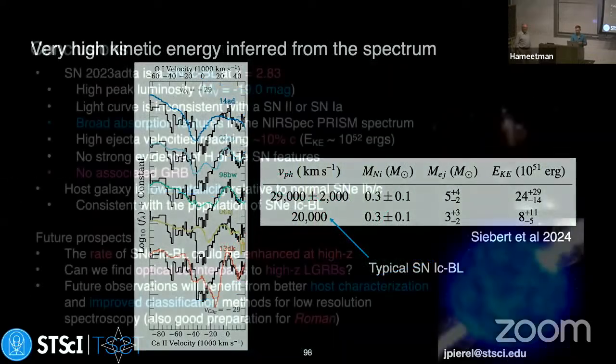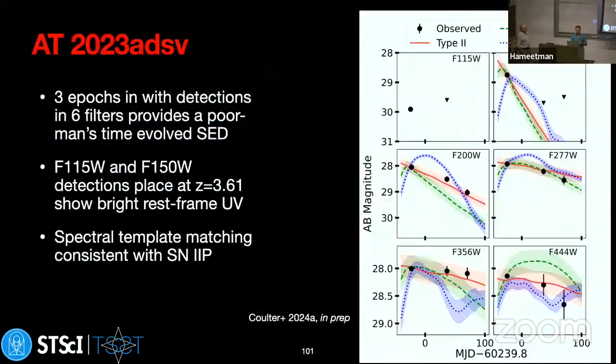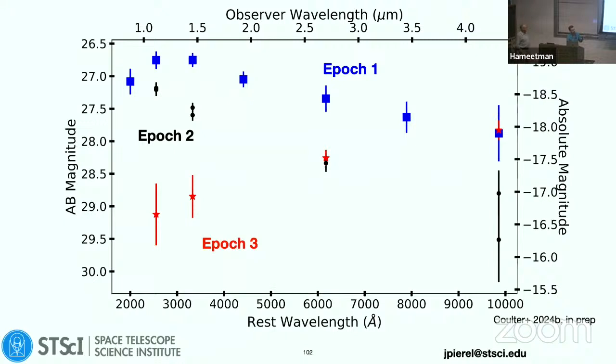Let me go over here. We have this one. Kind of ignore the various epochs, but the main thing is this is a redshift 3.6 Type II, and the detection epoch here you can see is extremely blue, coming in this 2,000 to 3,000 angstrom range.